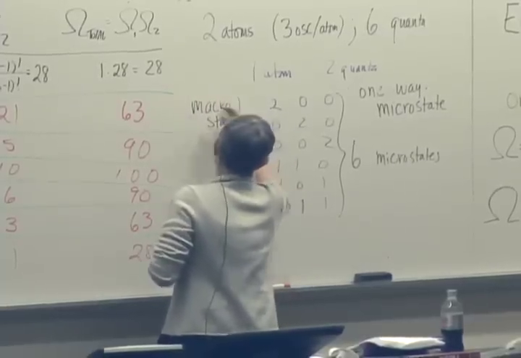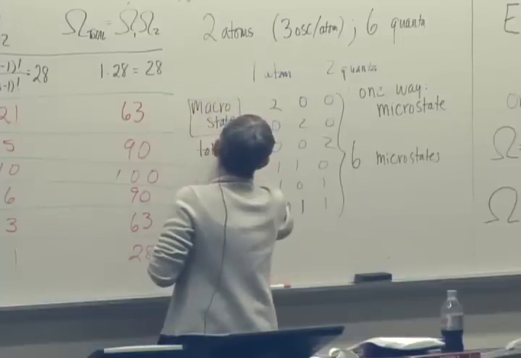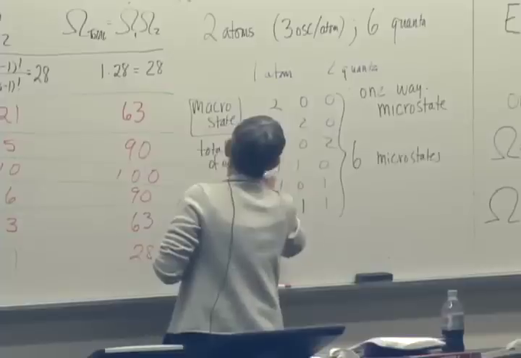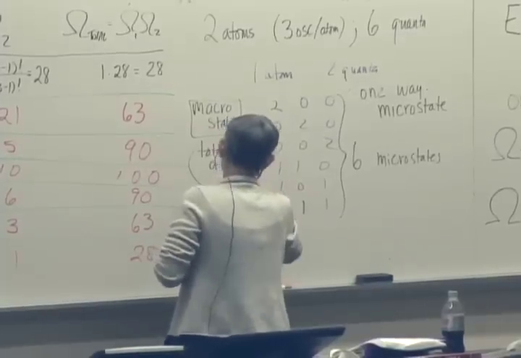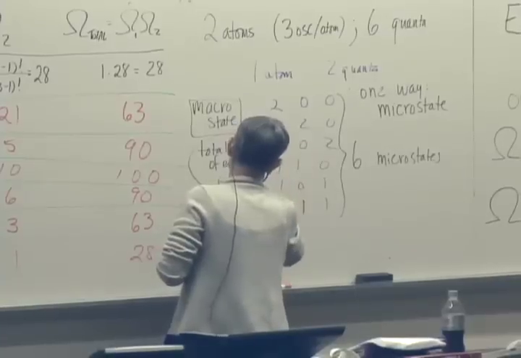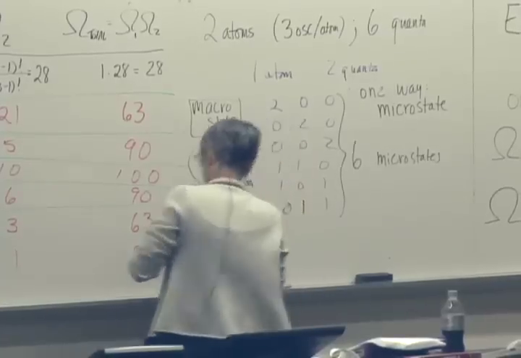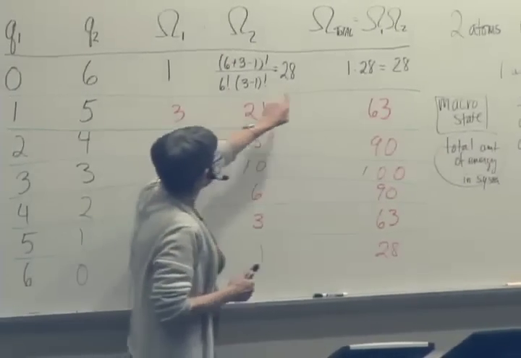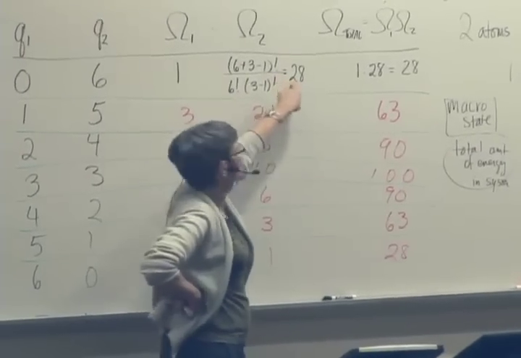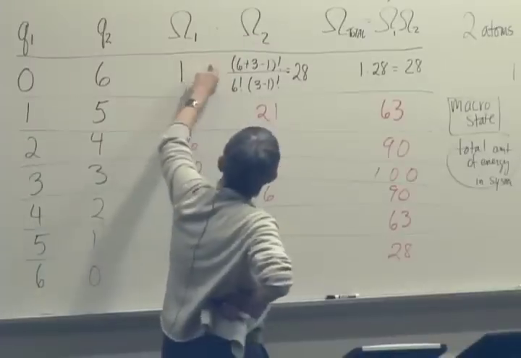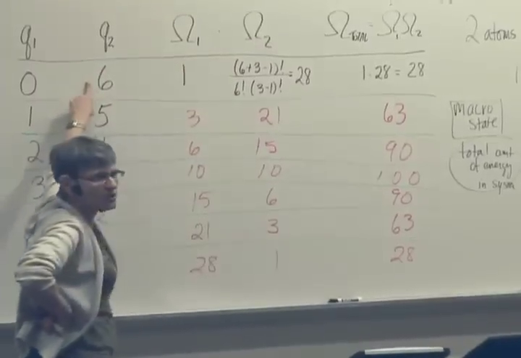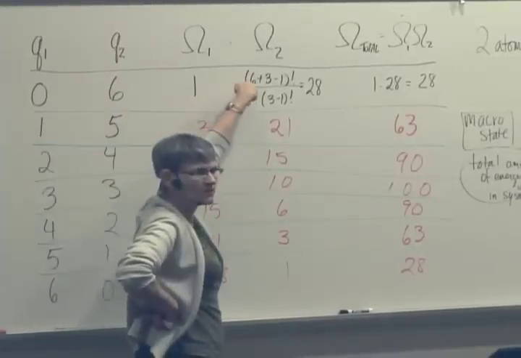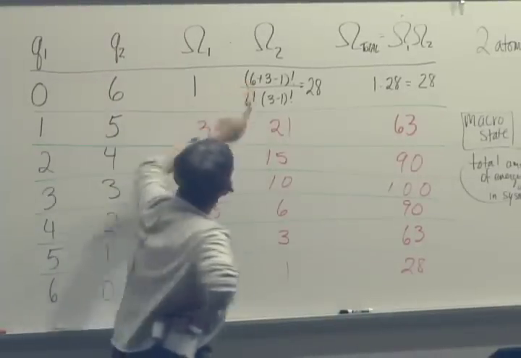Total amount of energy in system 1. So what we're saying is that each of these 28 ways of arranging 6 quanta of energy in object 2 is equally probable. So 1/28 of the time we're going to find this amount of energy in object 2.